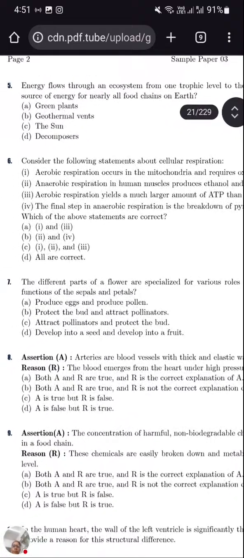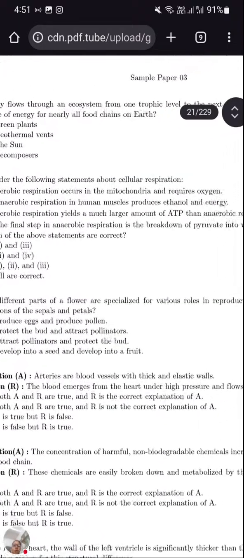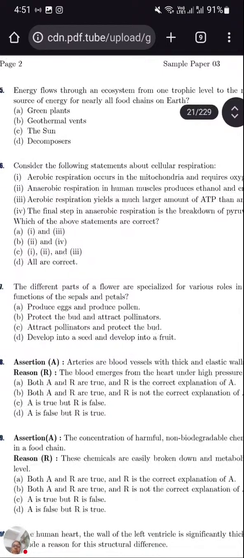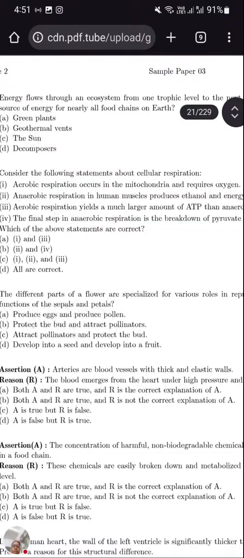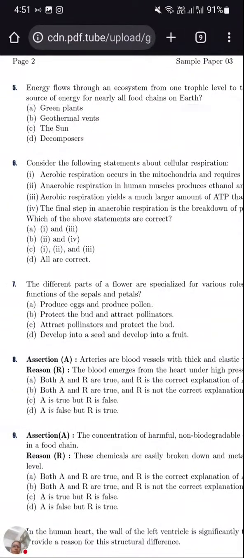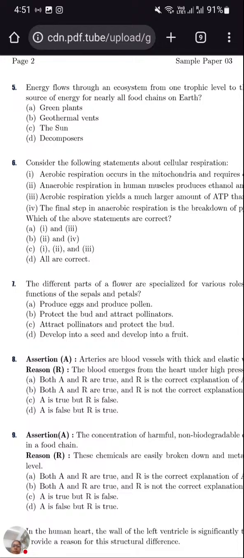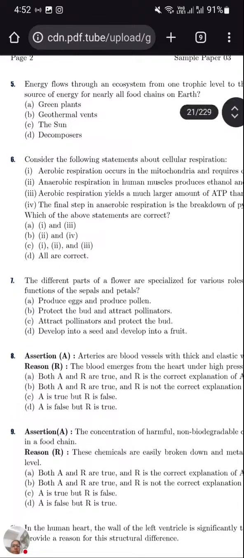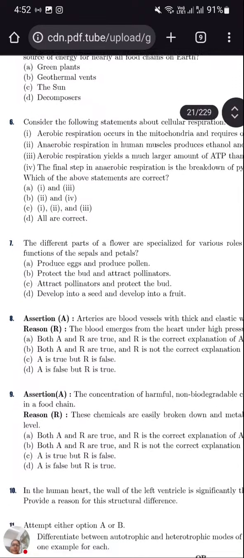So we have two correct options: aerobic respiration occurs in mitochondria, and aerobic respiration synthesizes more ATP. So the correct option is A, where 1 and 3 are correct.